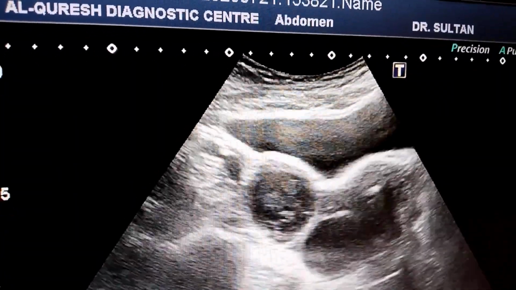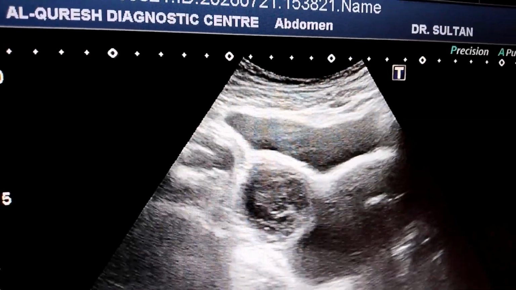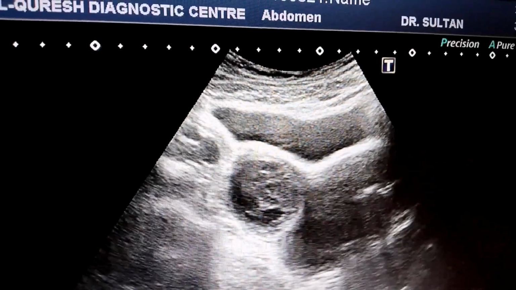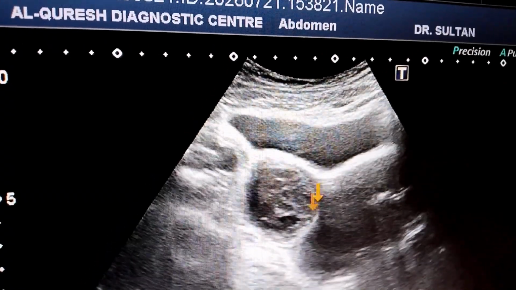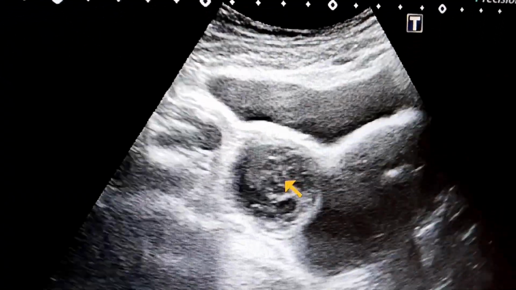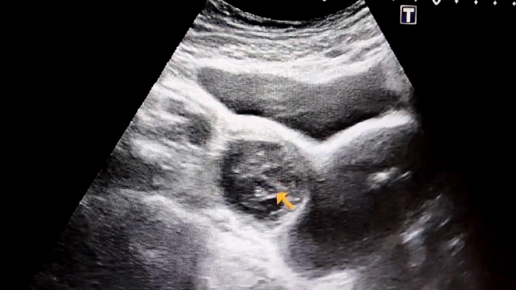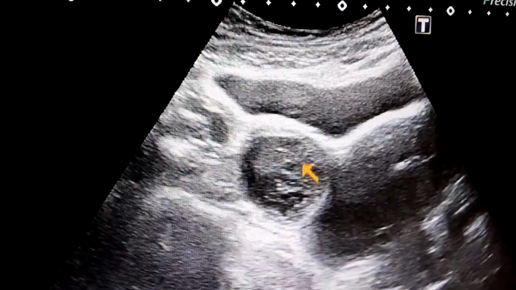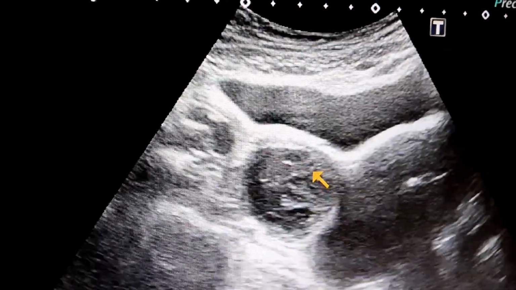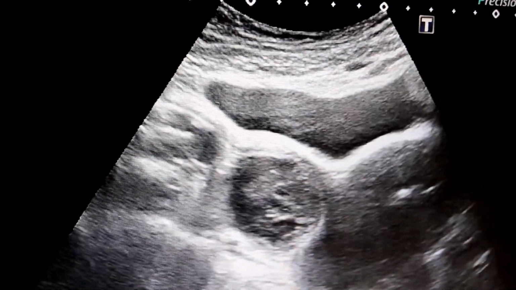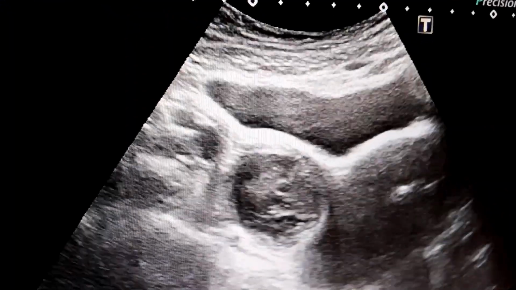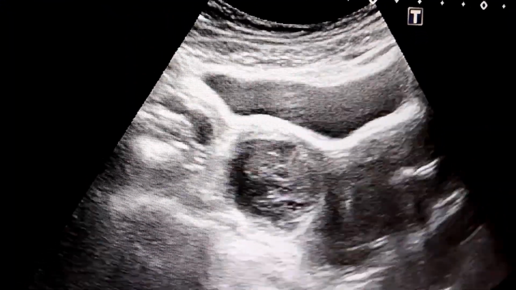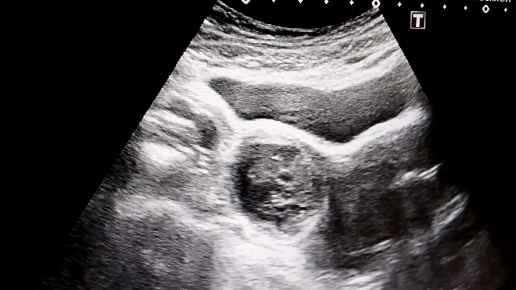So I have placed the probe in a transverse direction to appreciate this cystic lesion. First, we should magnify the image so that we can have better visualization.